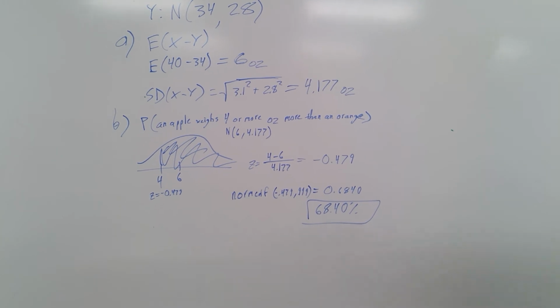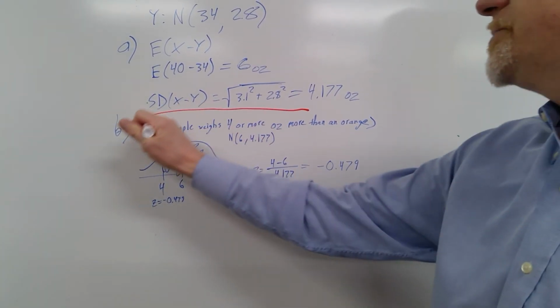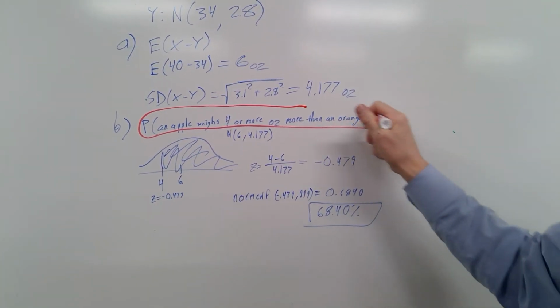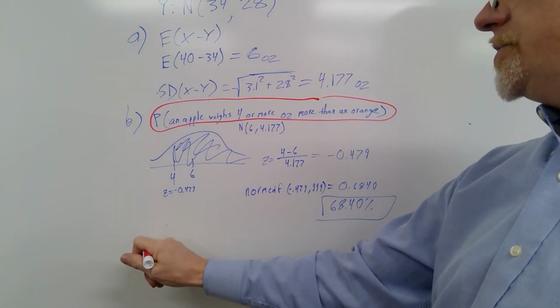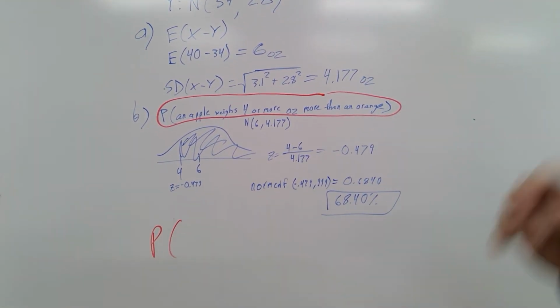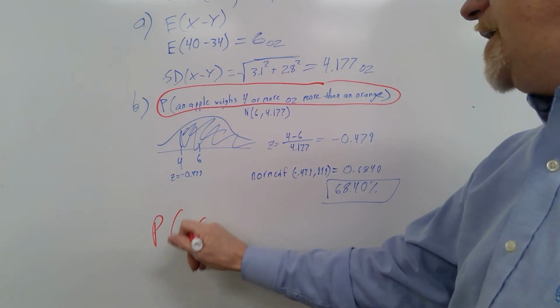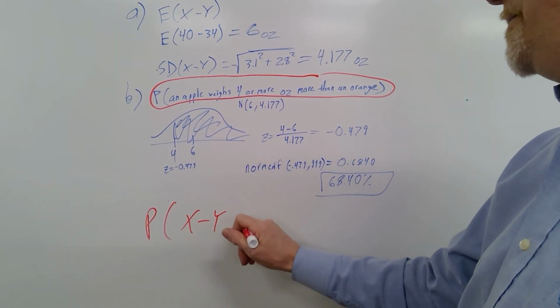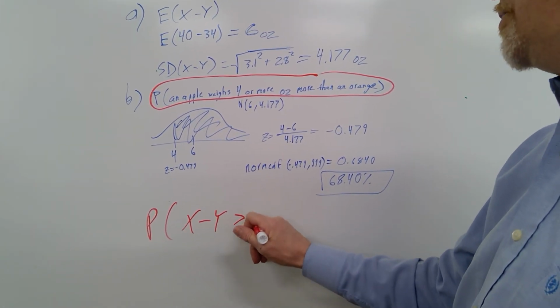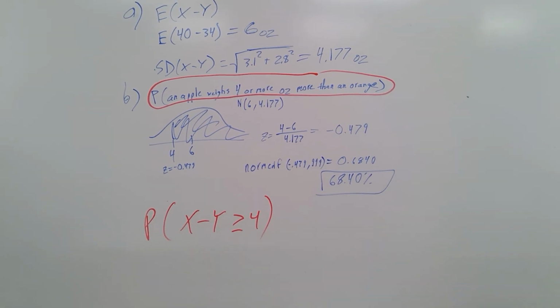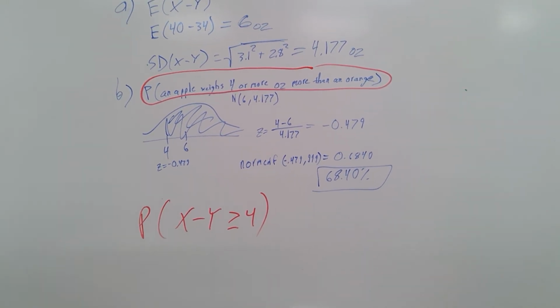Now, it is nice to be able to take this expression and write it using variables. So essentially what we're saying is, what's the probability that x minus y is greater than or equal to 4?